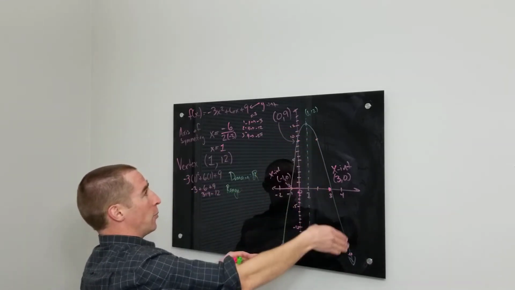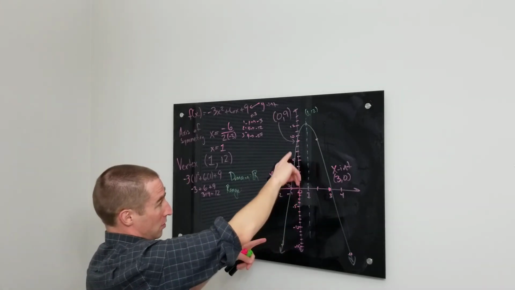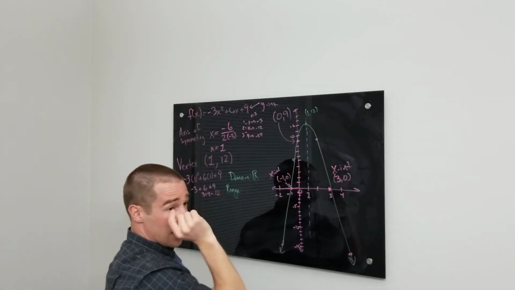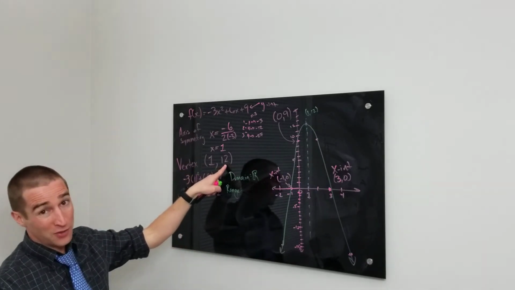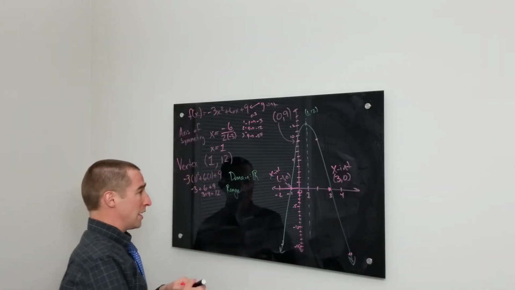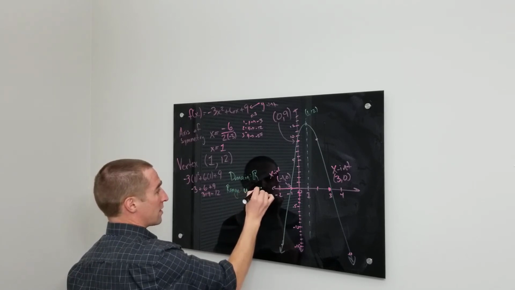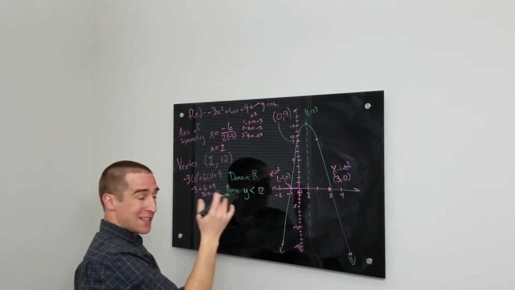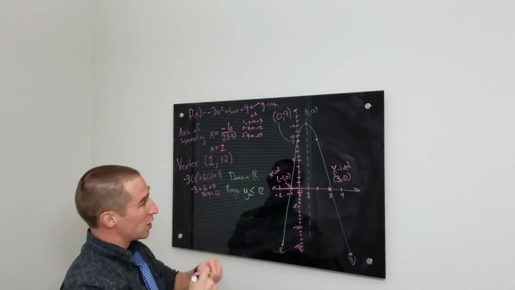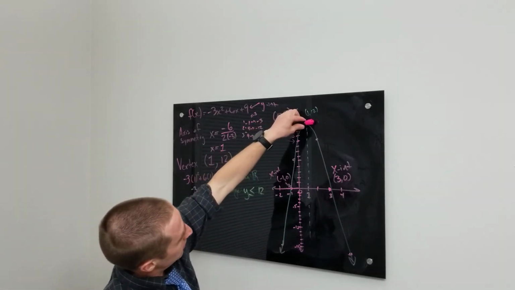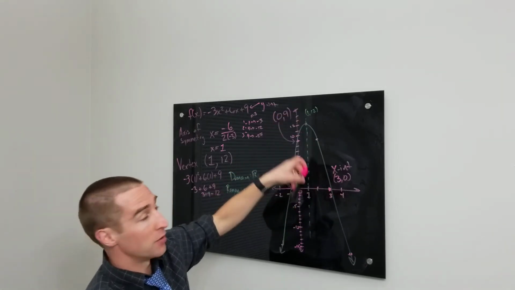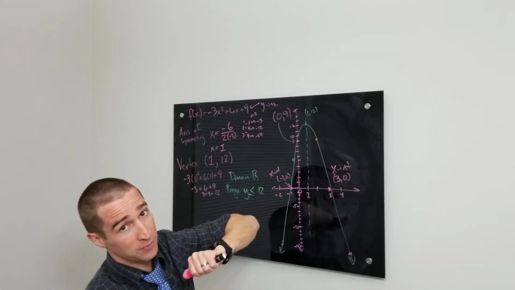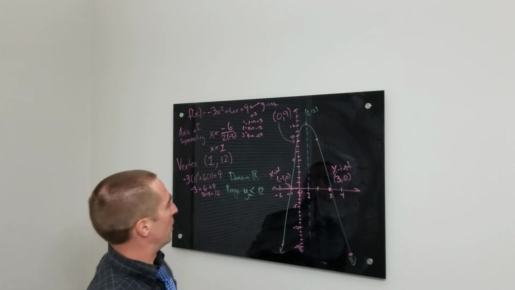So we ask, what's the biggest y number? Right there, that's at y equals 12. Notice it's always the y number of the vertex. So the range in this case is y is less than or equal to 12. 12 is the biggest y number, and everything else on this graph has a y value smaller than or equal to 12. It'll never pop back up above 12.